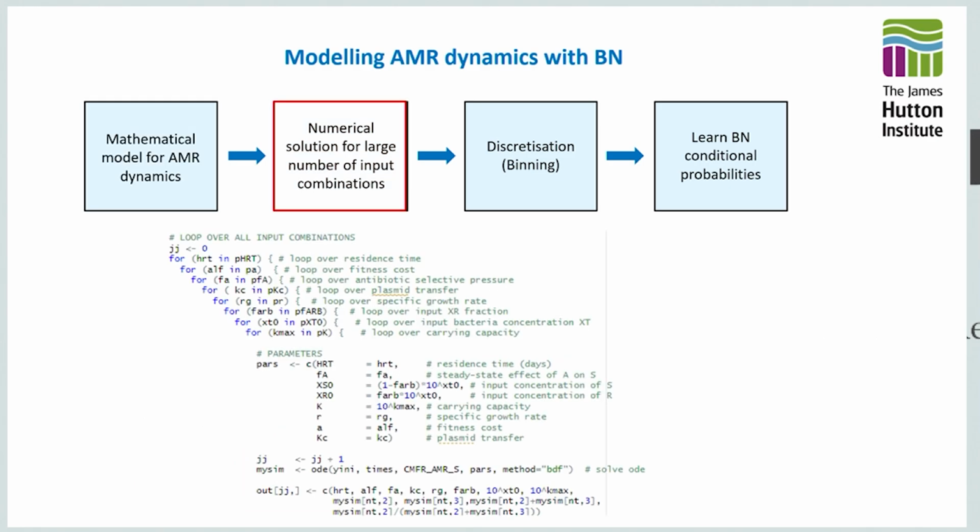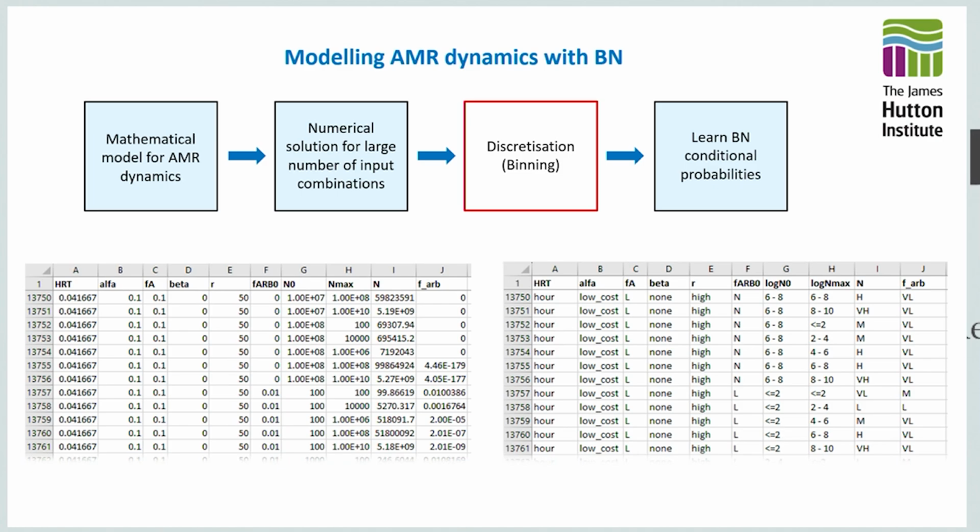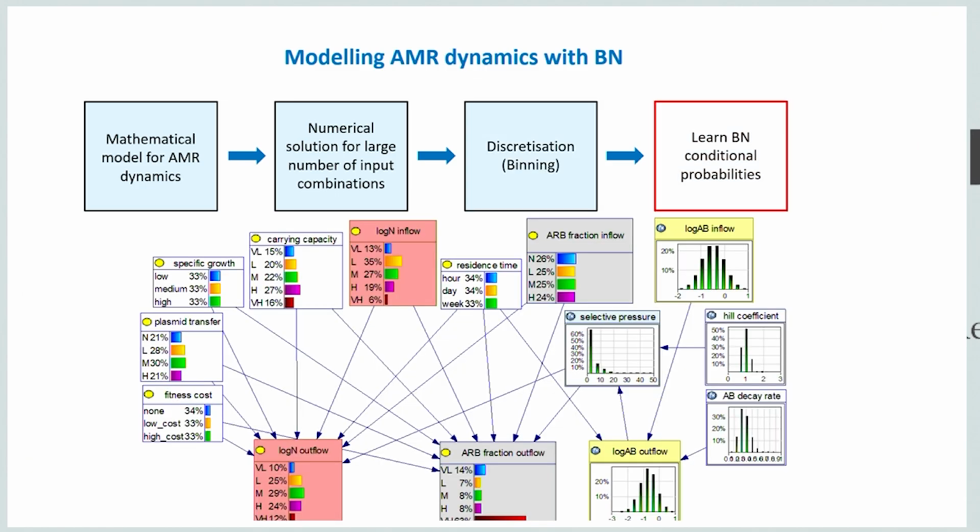So you have to do lots of simulations with all the different conditions, different parameter sets. You end up with 50,000 or so simulations, which gives you results which you have to bin or discretize into a small number of categories, otherwise it becomes intractable. And then you can learn conditional probabilities in the Bayesian network, and that gives you these outcomes.